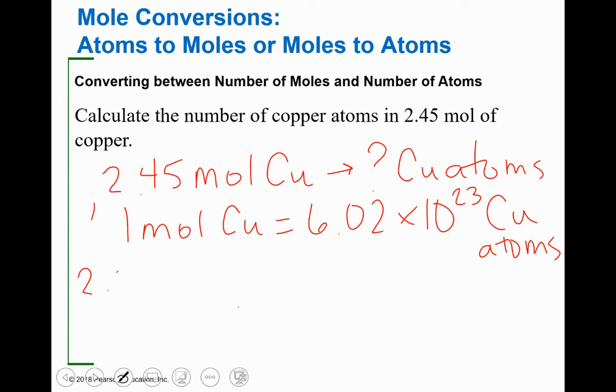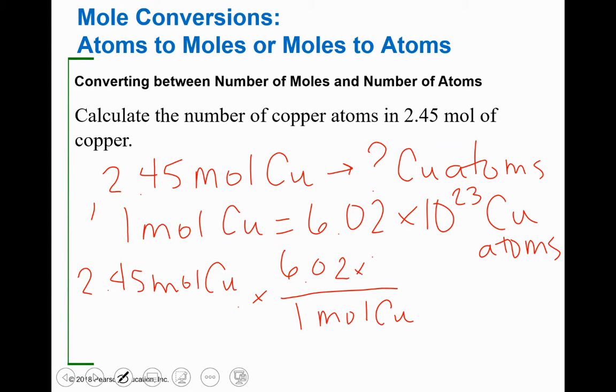So I have 2.45 moles of copper, and I'm going to use that ratio to cancel out my moles and solve for atoms. So the 1 mole will go on the bottom, and the 6.02 times 10 to the 23rd atoms will go on top.